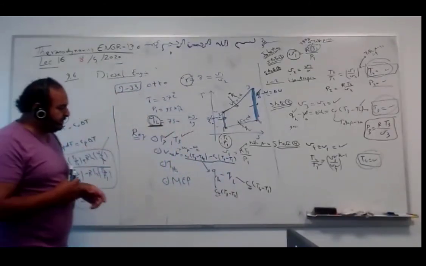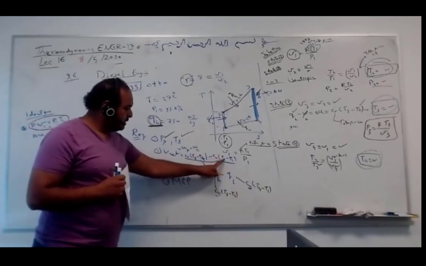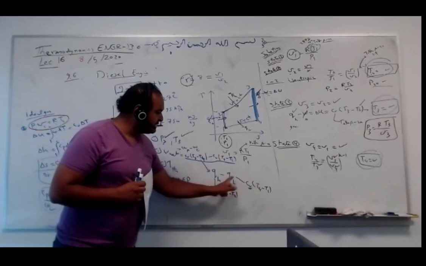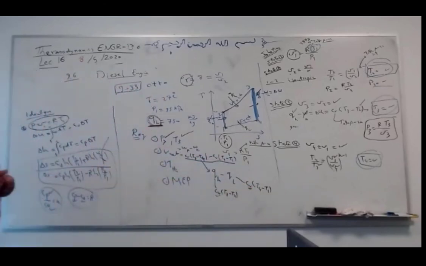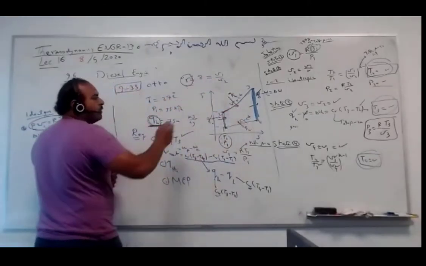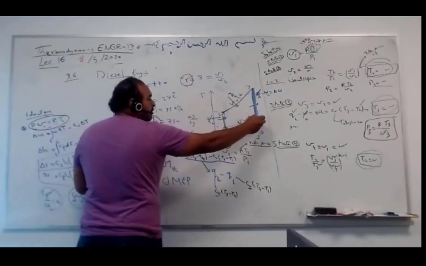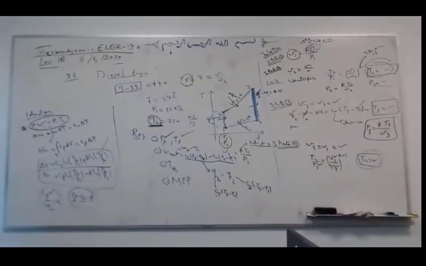You will see T3 minus T2, minus T4 plus T1, exactly the same. You can use Q high minus Q low or W power minus W compression. Make sense, guys?